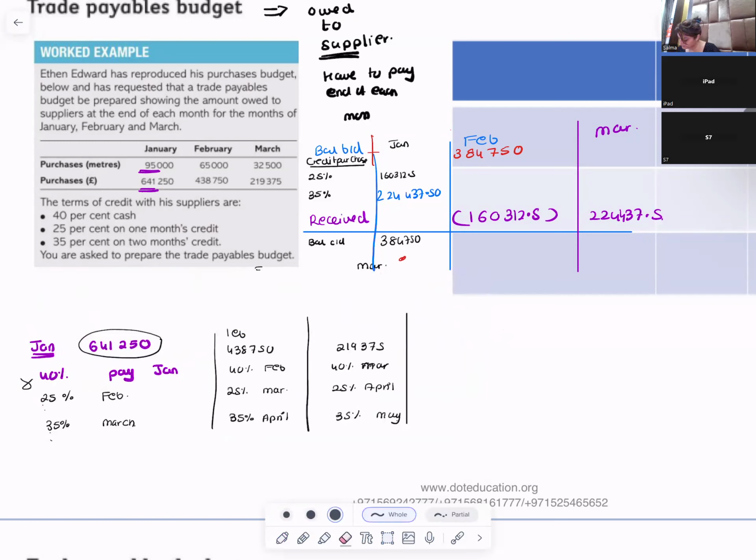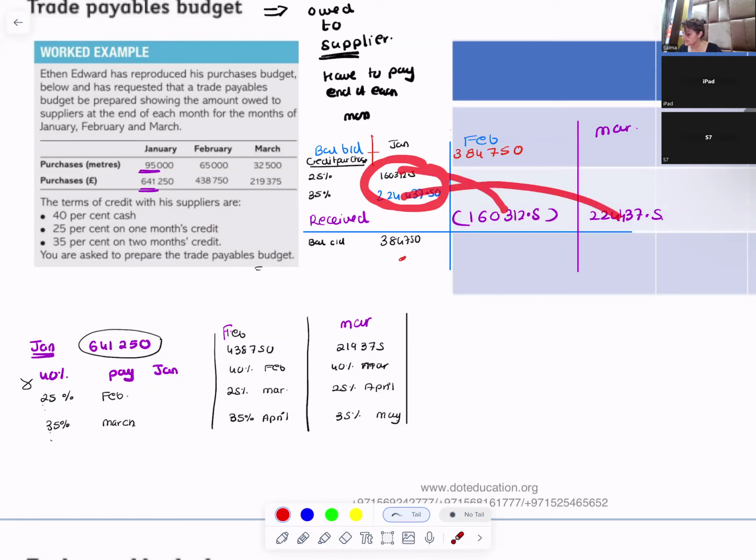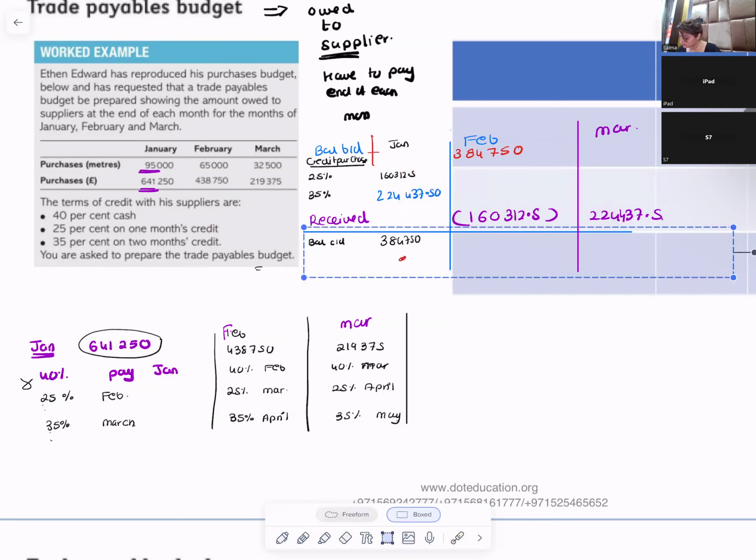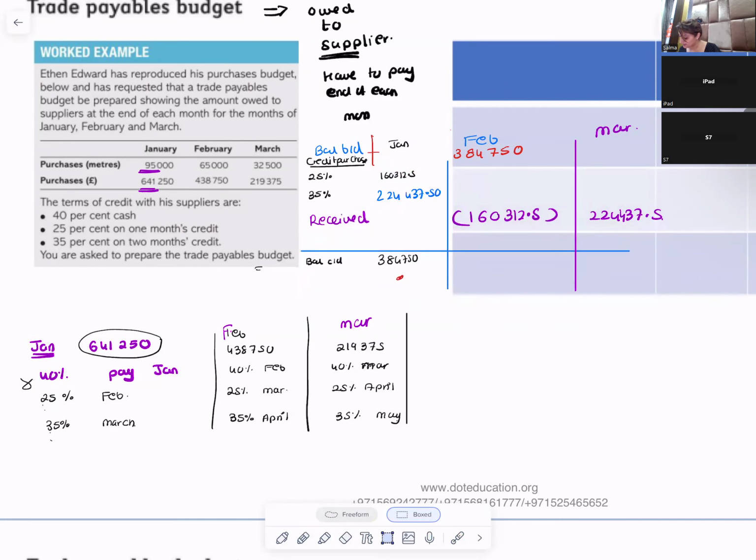No, you're only receiving 160,312.5. For the January purchases that you have made, 25% you will pay in Feb and 35% you will pay in March. Miss, but why are we doing receive? You will have to subtract to find the closing trade payables.